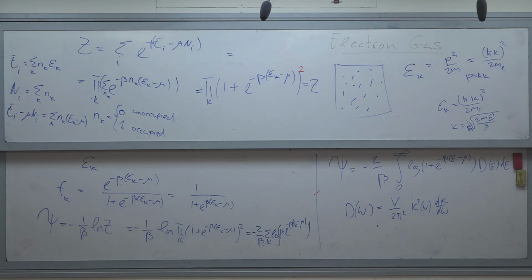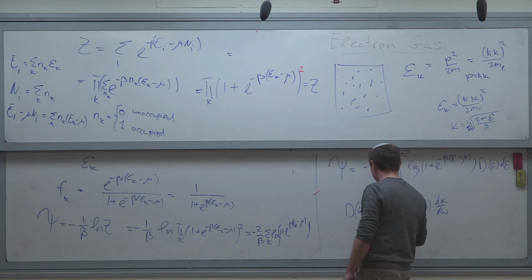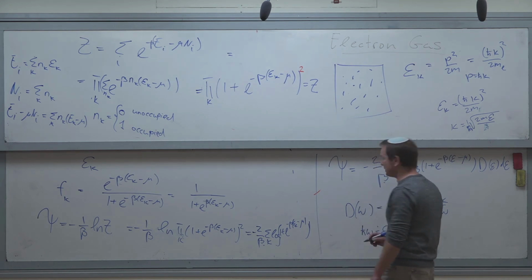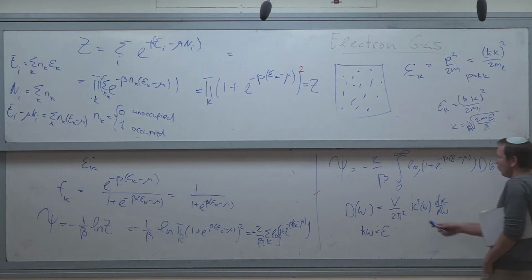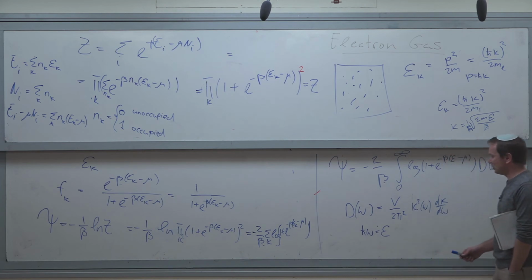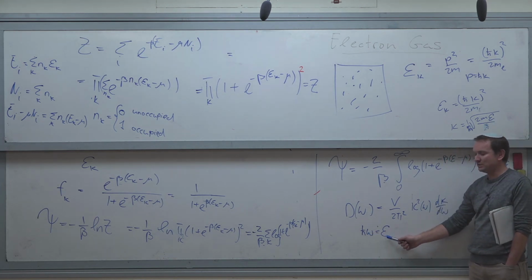So instead of using this guy, we're going to use k, which is determined by epsilon. And we also know that h bar omega is epsilon. So we're only changing our coordinates over here, instead of using omega, we're changing it into epsilon, from omega to epsilon.